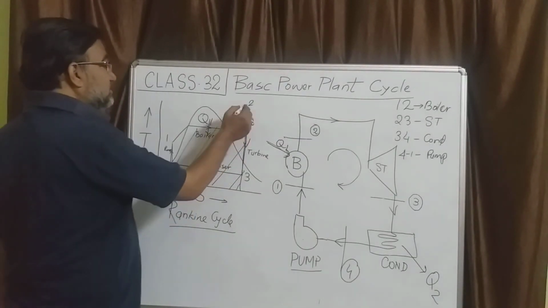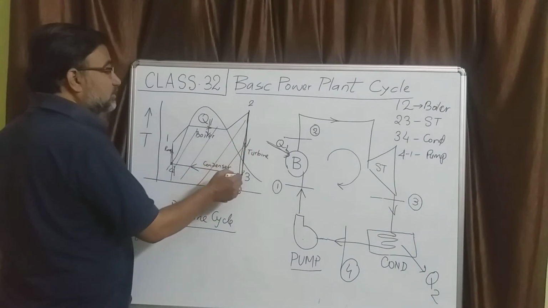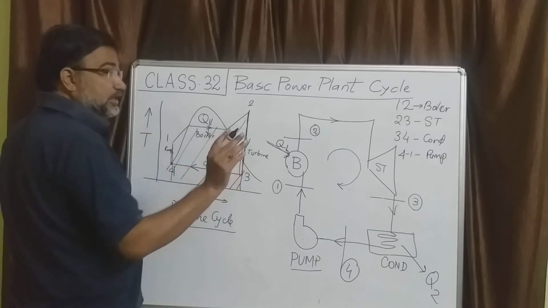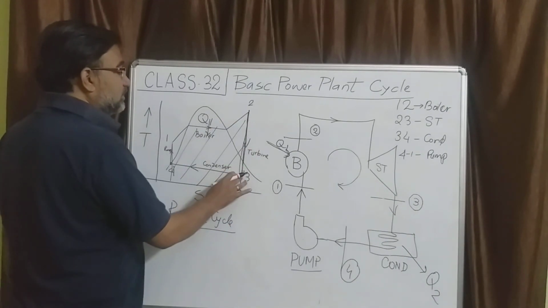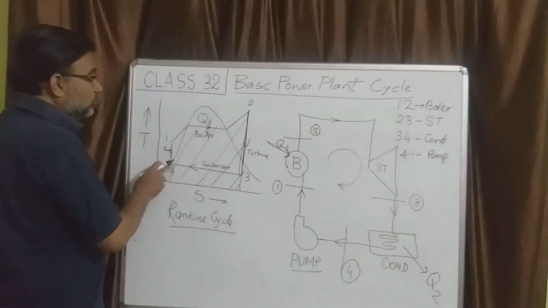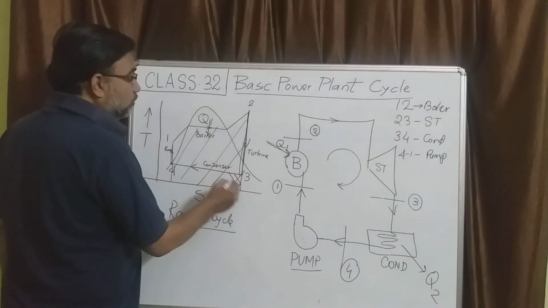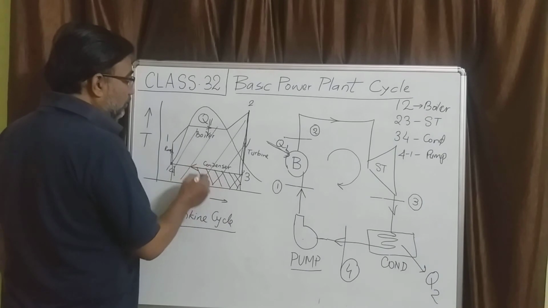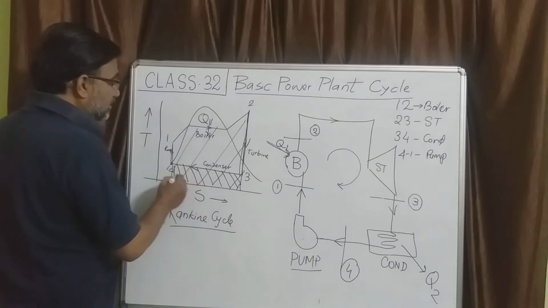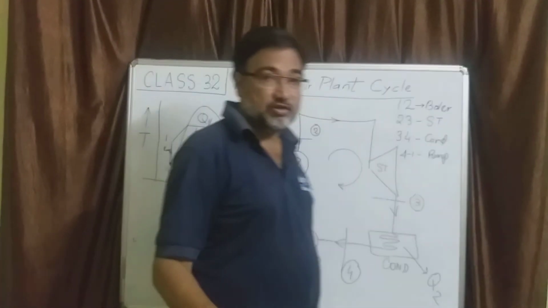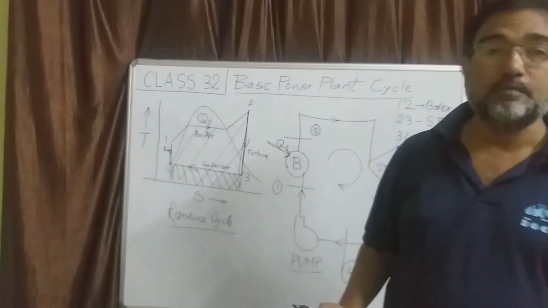And in the turbine and pump, there is no area under the curve because it is a reversible adiabatic process, so no heat transfer. So the area under curve 3 to 4 is the heat rejected by the steam in the condenser.